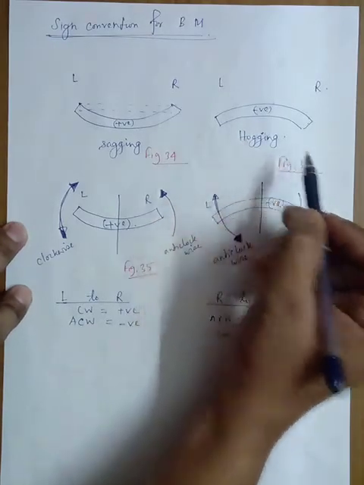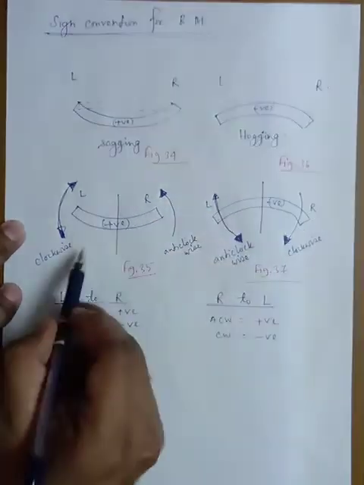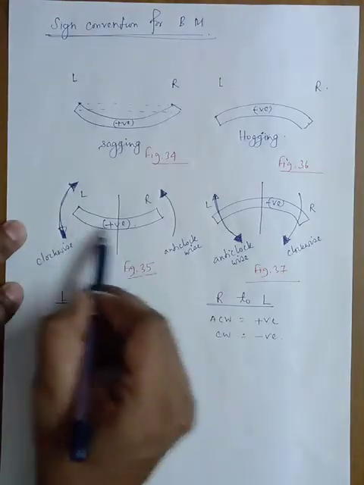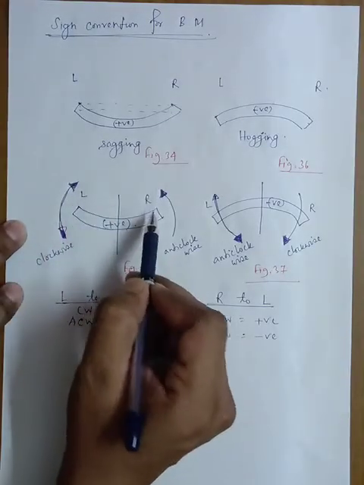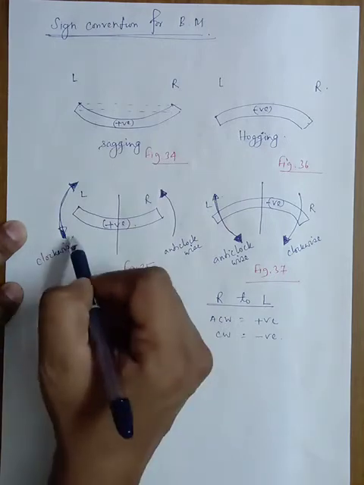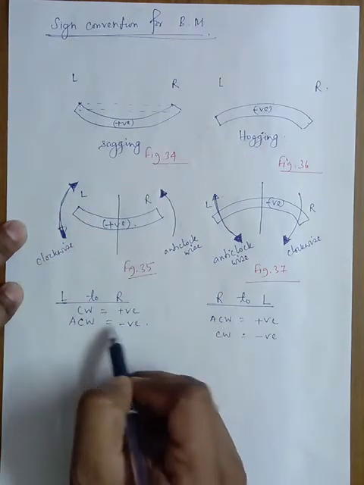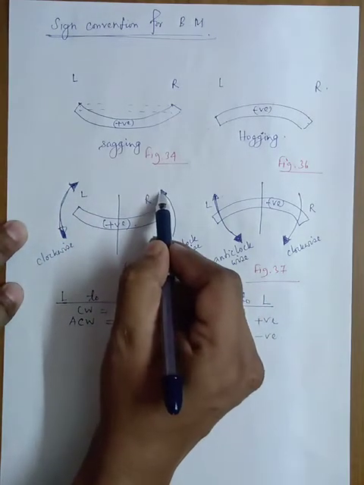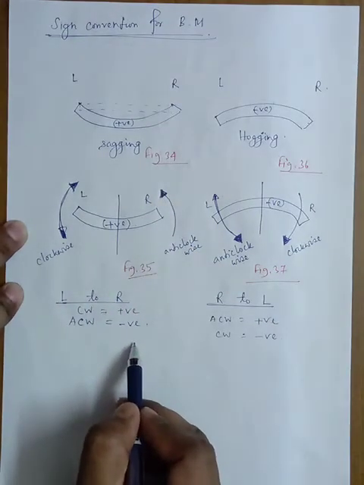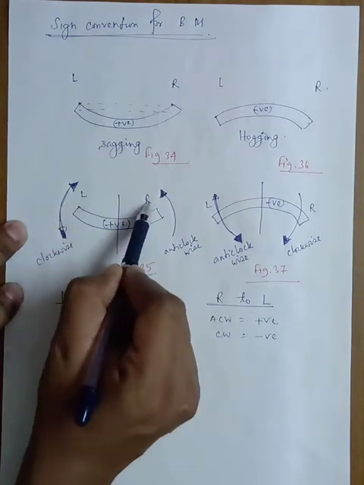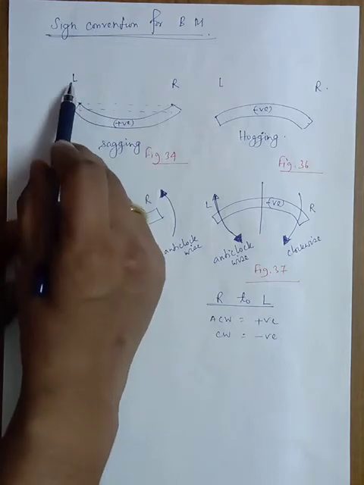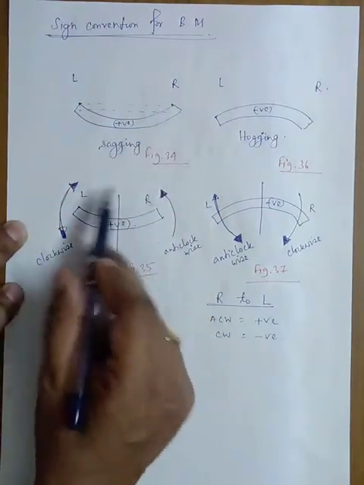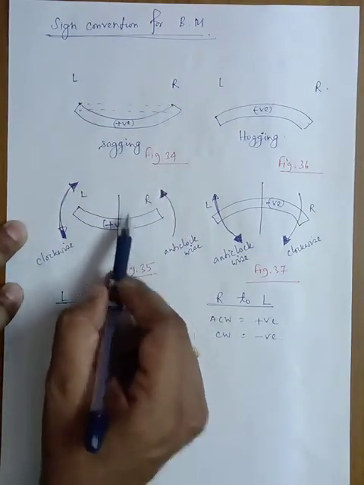H-O-G-G-I-N-G, hogging condition. So in the sagging condition, if you move from left to right, all the clockwise moments you need to consider as positive and all the anti-clockwise moments you need to consider as negative. Understood? So this is left hand, this is right hand. So you are moving from left to right to calculate the bending moment on a particular section.